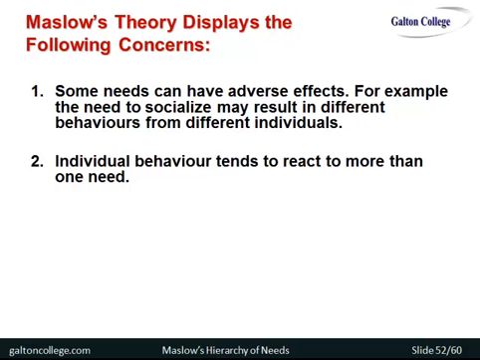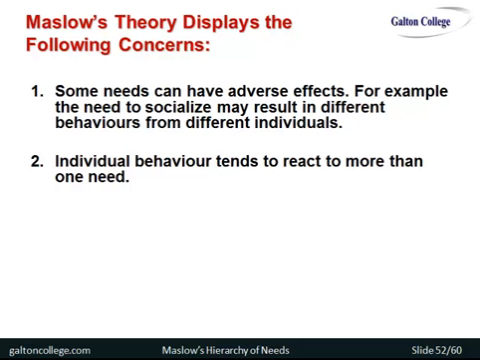And individual behavior tends to react to more than one need. Sometimes the workers will want better salaries, better wages, but they will also want security, and that'll come as a package. The two will come as one requirement. They will want more remuneration and their jobs safeguarded.